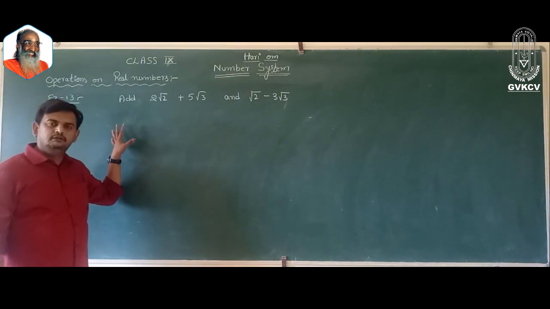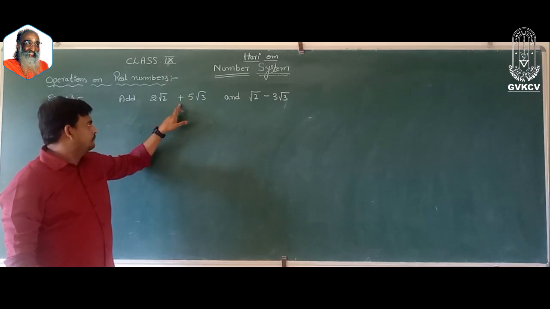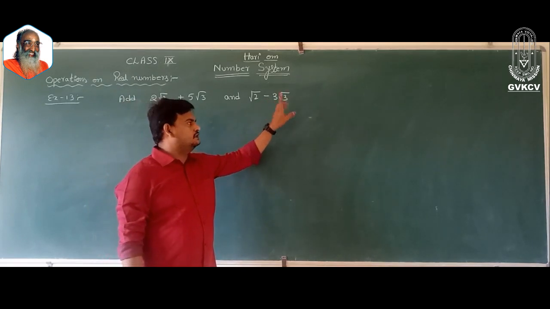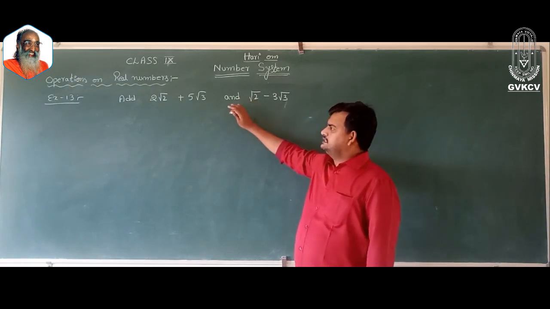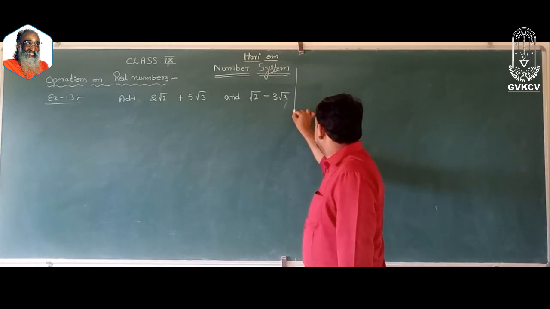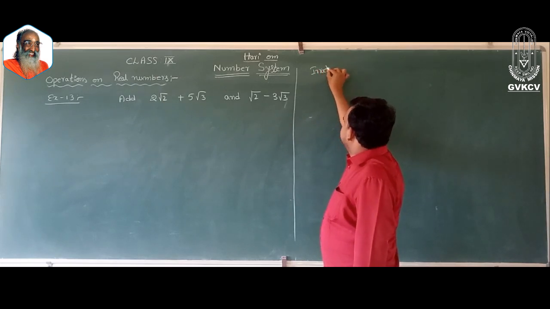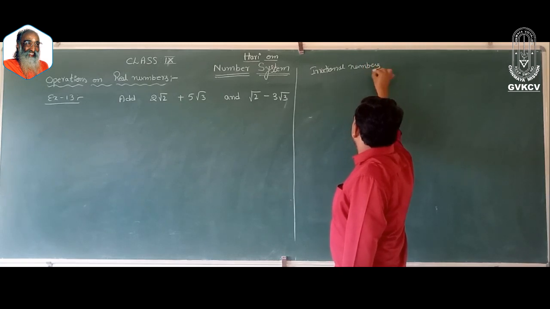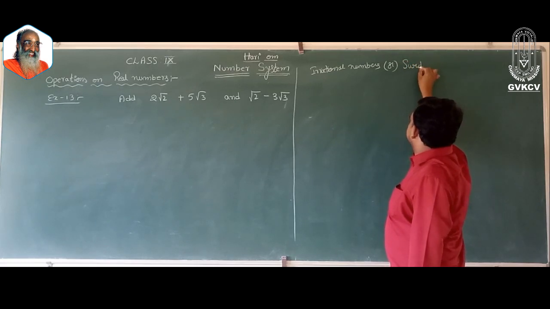Here we have example number 13. Add 2 root 2 plus 5 root 3 and root 2 minus 3 root 3. Before discussing this problem, I need to explain a few concepts to you. As we know, irrational numbers are also called surds.